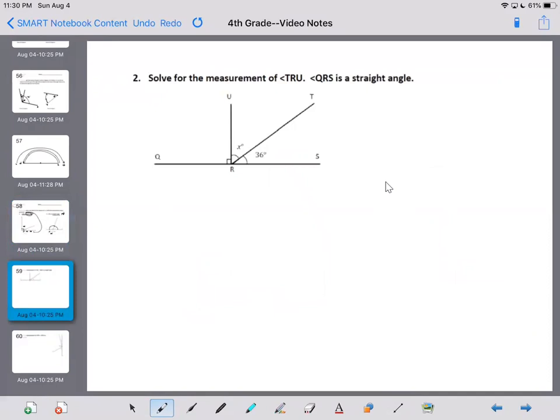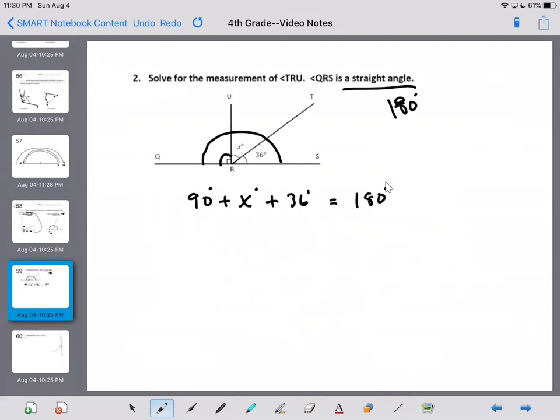Here's another example where I'm giving you that angle QRS is a straight angle. So I know all of this is 180 degrees. So I know that this is 90. I know that this is X, and I know that this is 36. And it should all equal 180 degrees. So if I combine these two, I'm going to get 126 degrees plus X, and that would give me 180.